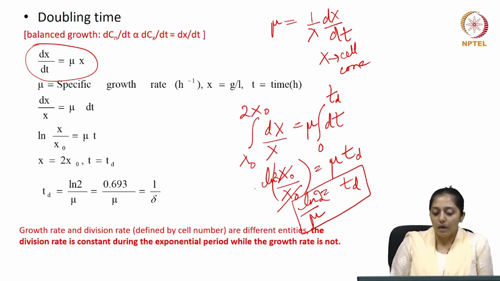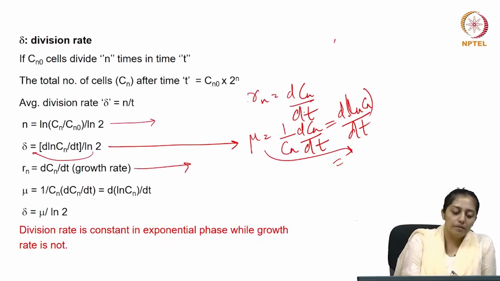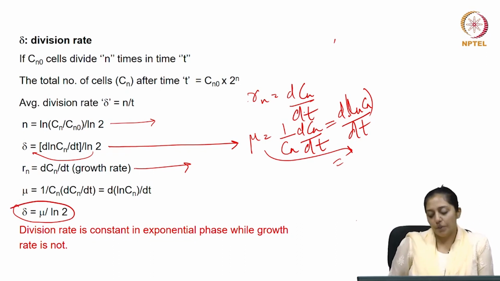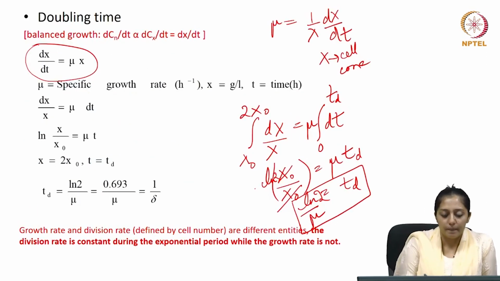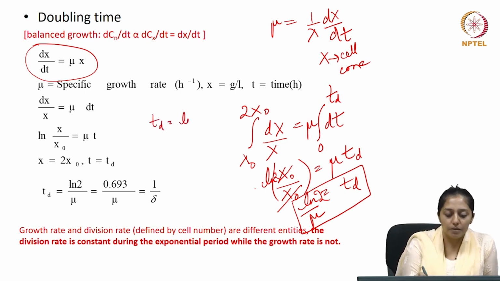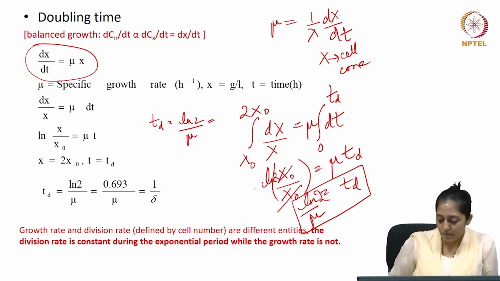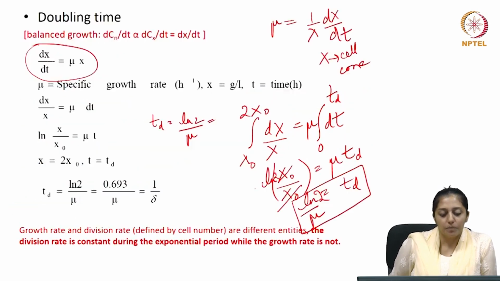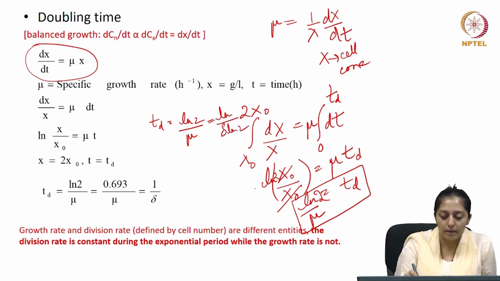Now, we know how the division rate is related to the specific growth rate. Division rate from here is equal to mu by ln 2. So, if we substitute, doubling time was ln 2 by mu and division rate was mu by ln 2.